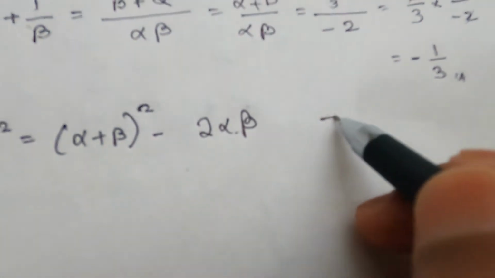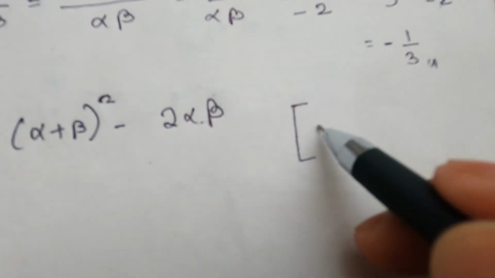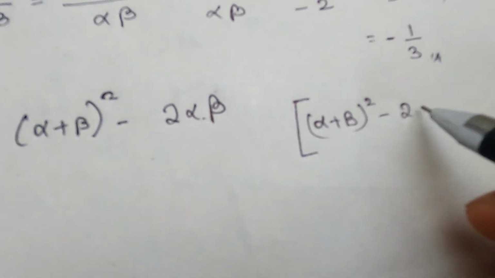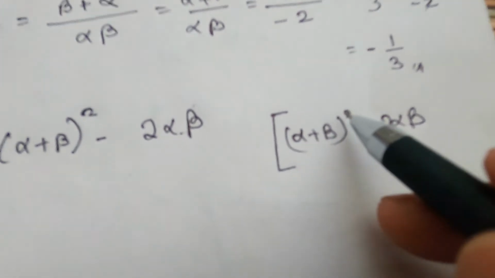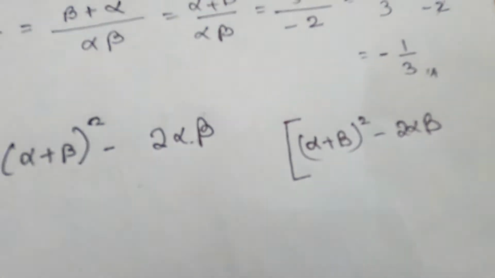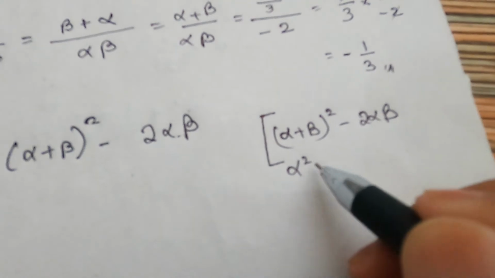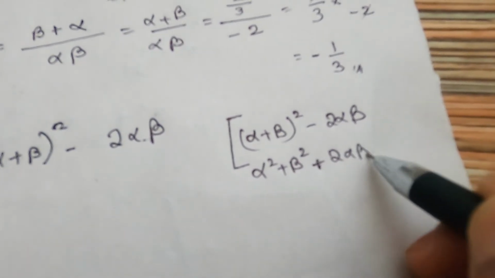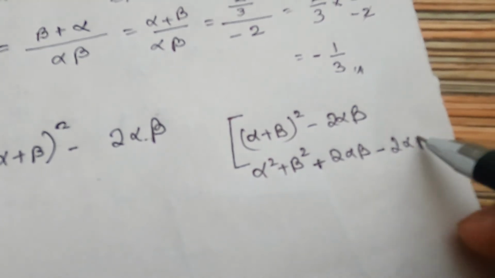Let me show it here. Alpha plus beta whole thing square minus 2 alpha beta: you expand this. This is (a plus b) whole square, so it will be alpha square plus beta square plus 2 alpha beta minus 2 alpha beta.